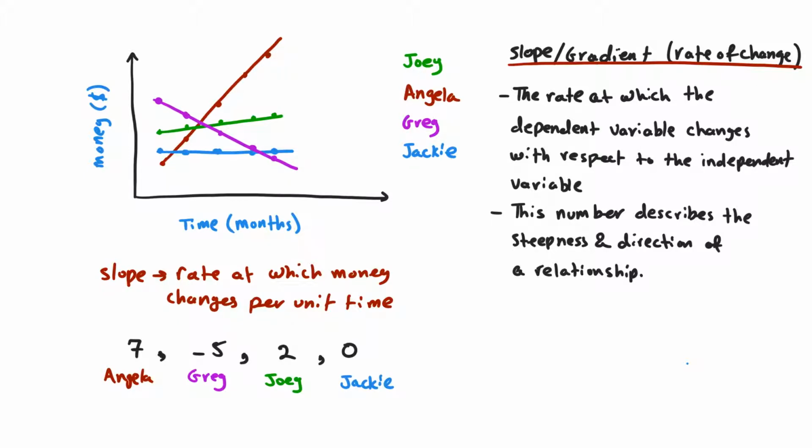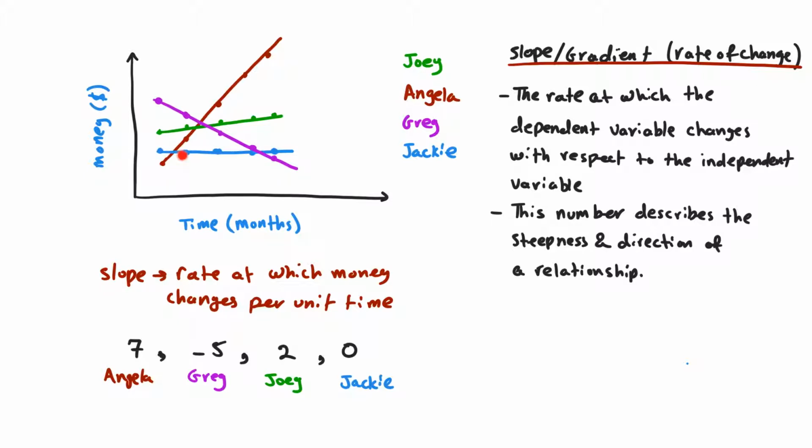When we look at these numbers, we can also understand one other thing. Going back to the first definition, this number is the rate at which the money is changing per unit time. So it means how much money each person is making or losing every month. Every month, Angela is making $7.